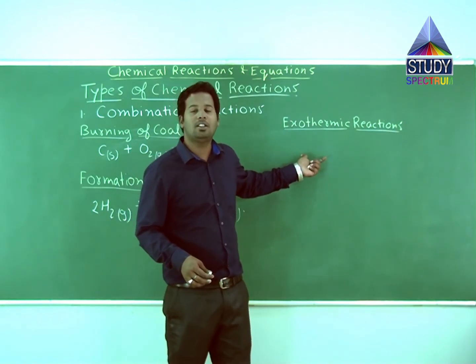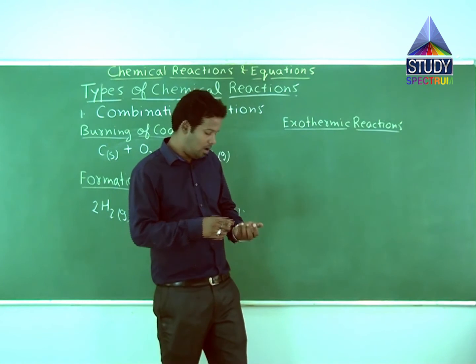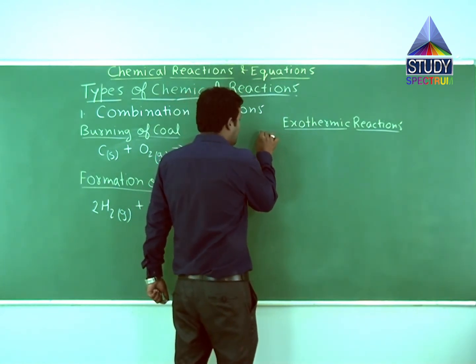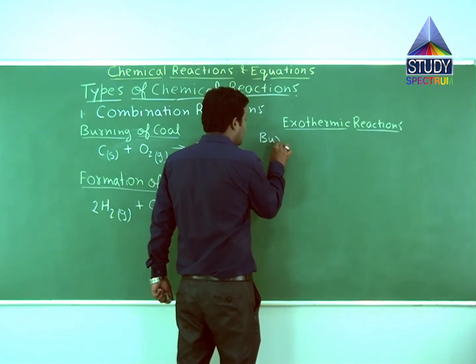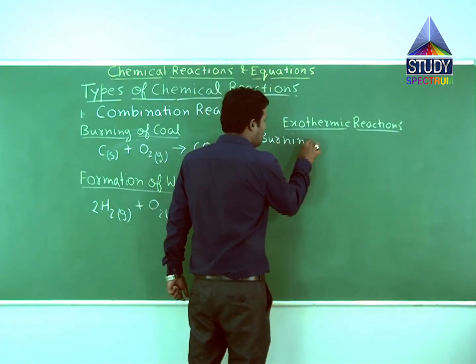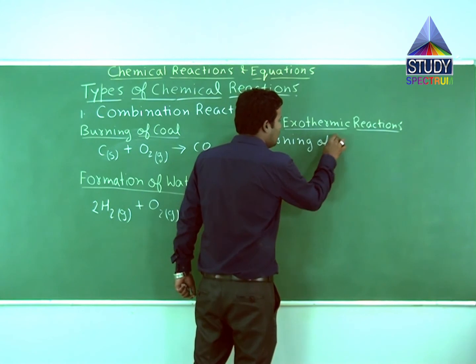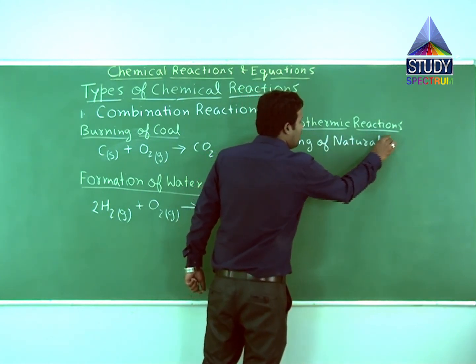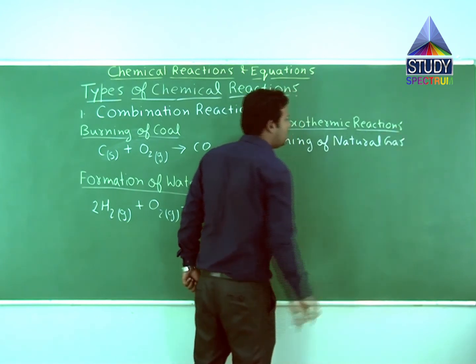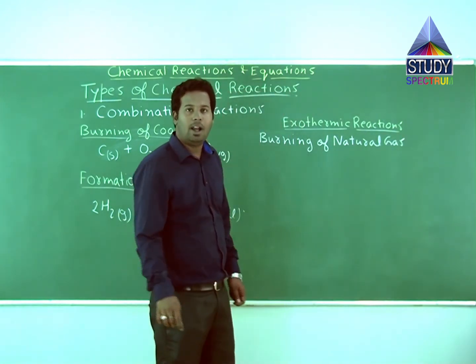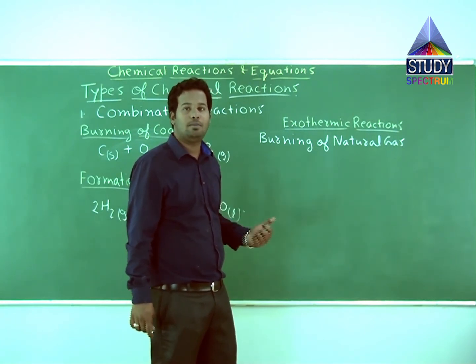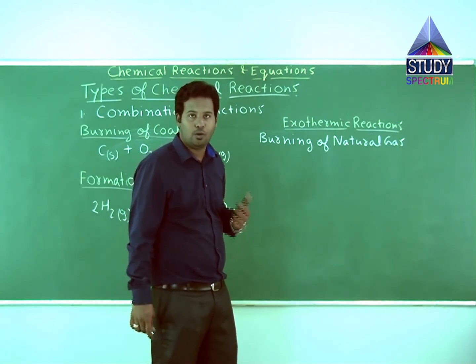Let us see some examples of exothermic reactions. For example, the first one, say, burning of natural gas. We have seen this equation while balancing also. Natural gas is basically methane gas, the first member of the alkane series, that is CH4.